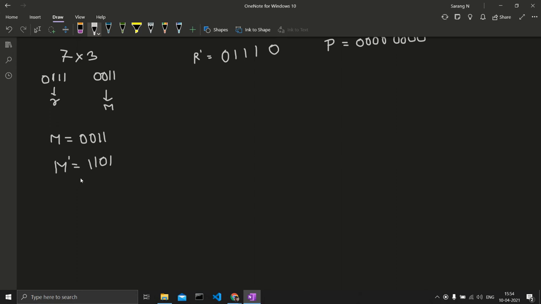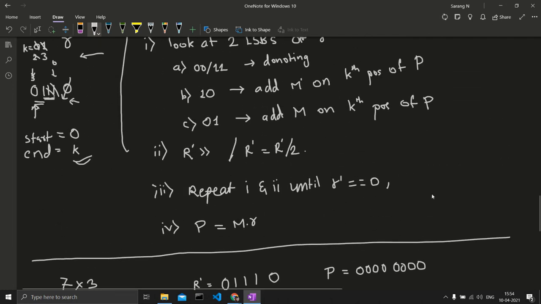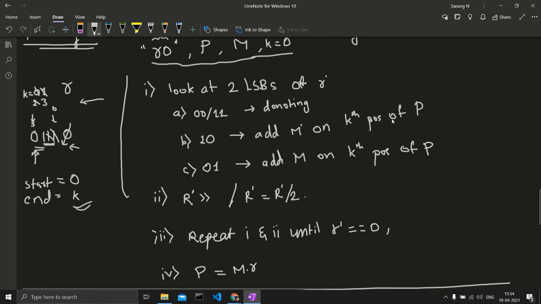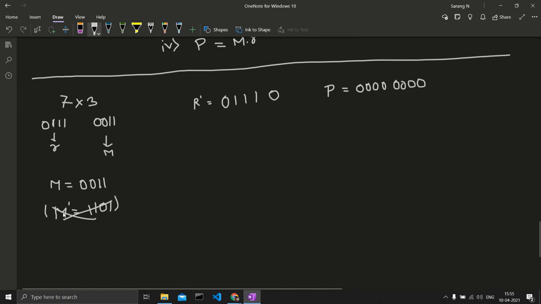But there is a twist here. If you do this, you won't get the correct answer, and this 2's complement is totally wrong. Why? Because in our algorithm we are adding m dash to p. And clearly m dash is a 4-bit number and p is an 8-bit number. So we have to calculate m dash also in 8 bits.